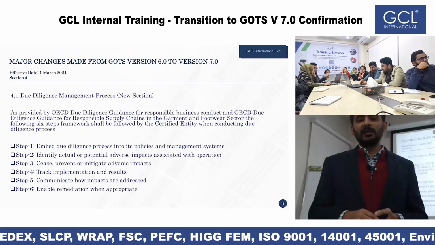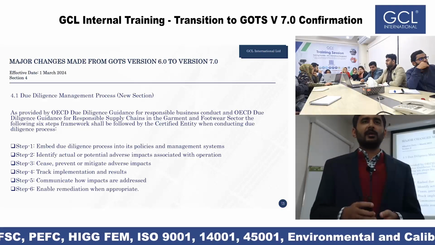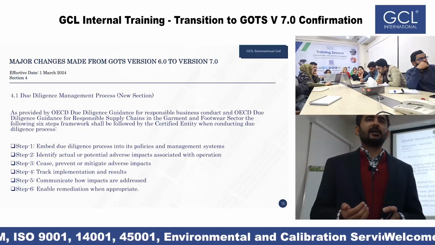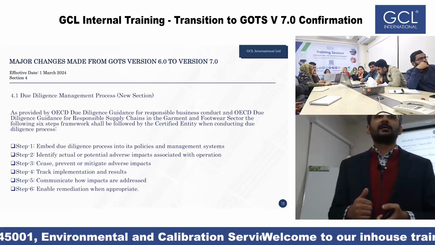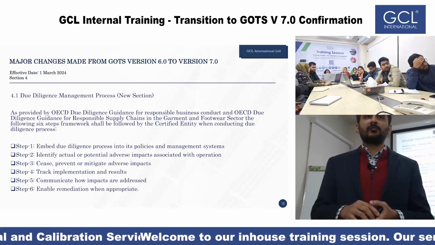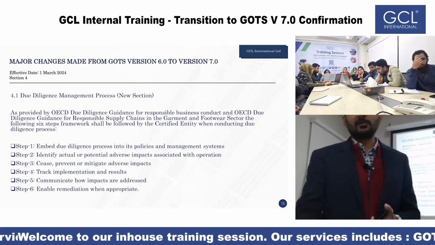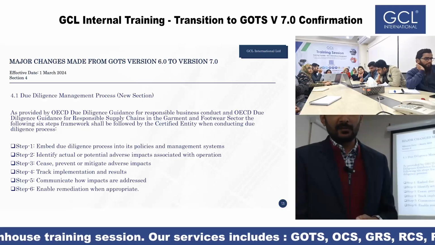And in the final step they have to take any kind of remedial action or remediation to ensure that this adverse impact is completely removed, or that the possibility of repeating this kind of adverse impact is removed. These are the 6 steps that GOTS has included in GOTS version 7.0 for the due diligence management process.